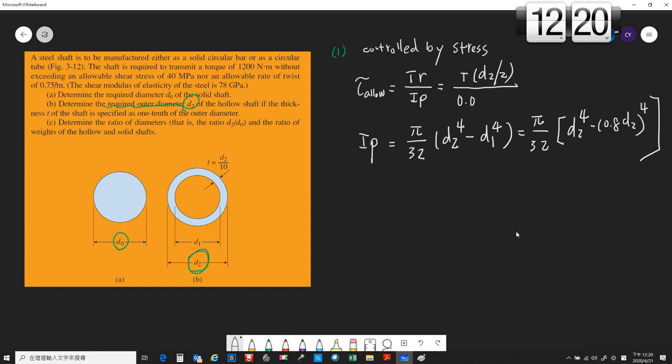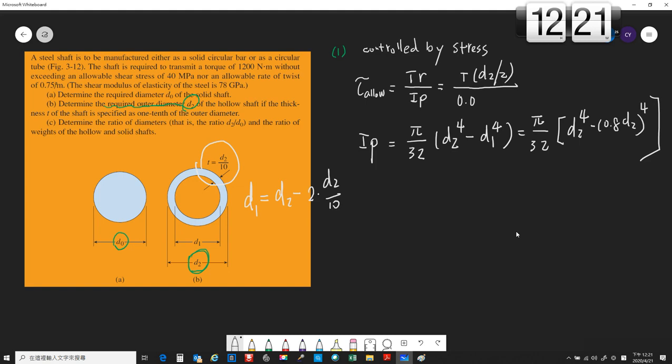Why? This is a condition, because the thickness is given, so D1 equals D2 minus 2 times the thickness, because the inner diameter is D2 minus 2 times the thickness. So you can get the value.